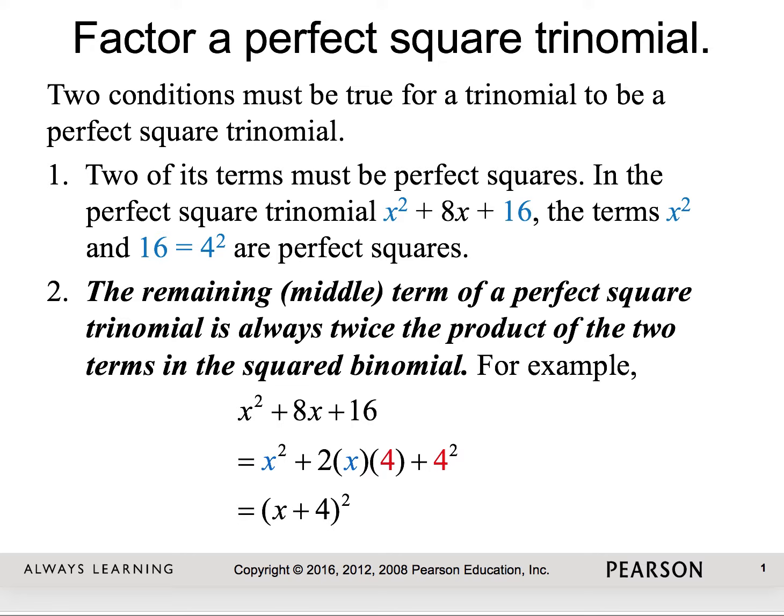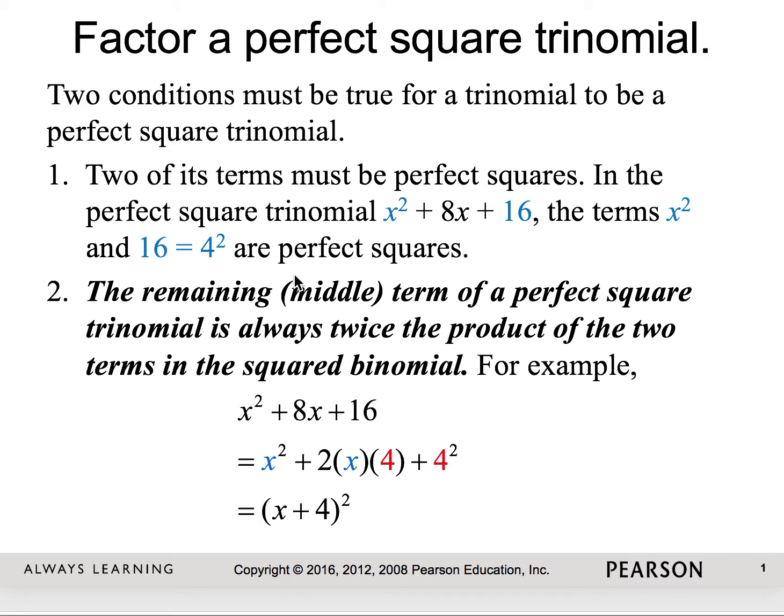So here's one of them, a perfect square trinomial. Two conditions must be true for a trinomial to be a perfect square trinomial. Two of its terms must be perfect squares, and it's got to be the end terms. That's got to be something squared, and this has to be something squared.